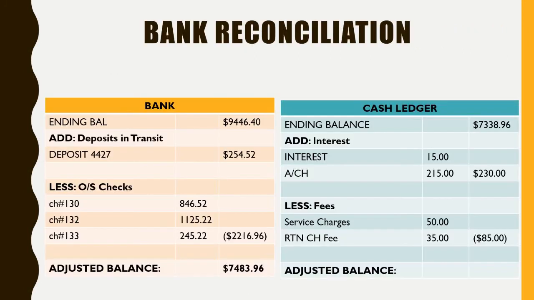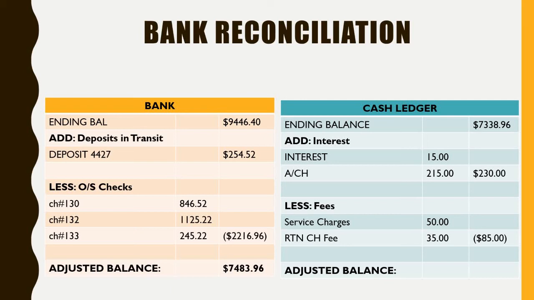So here I'm going to go ahead and locate it there. That gives me a total of $85. And now we can do our calculation here. We're going to take our ending balance, add our interest, so $230, and subtract our fees of $85.